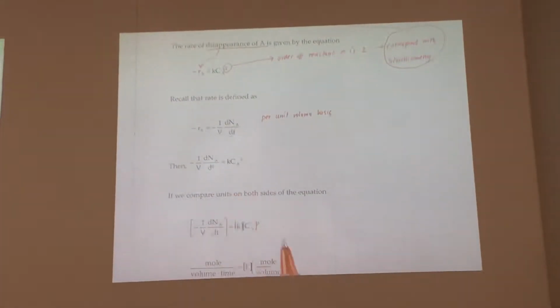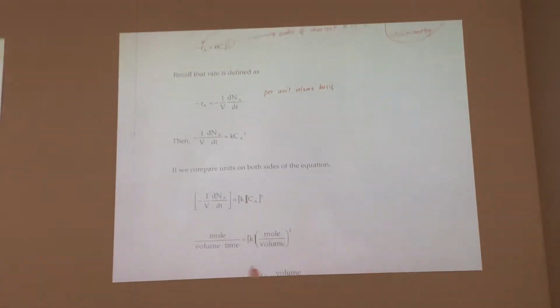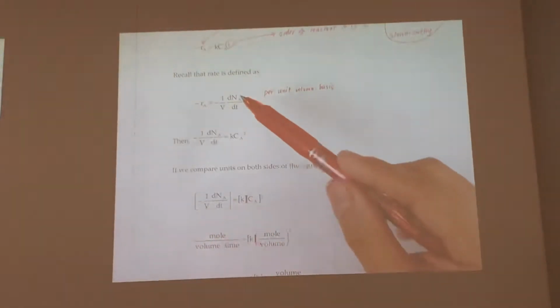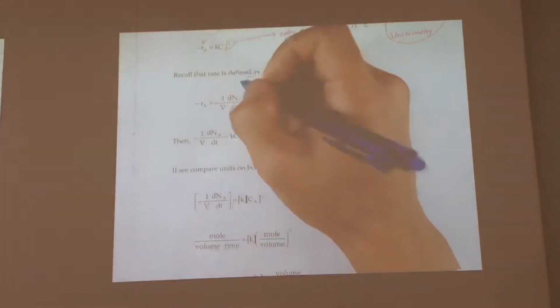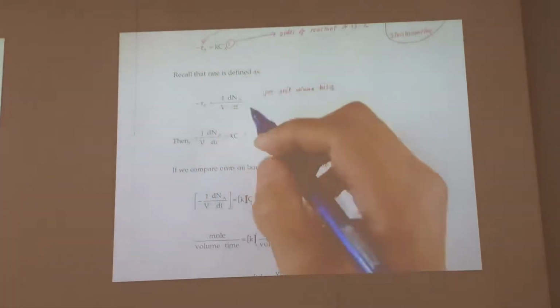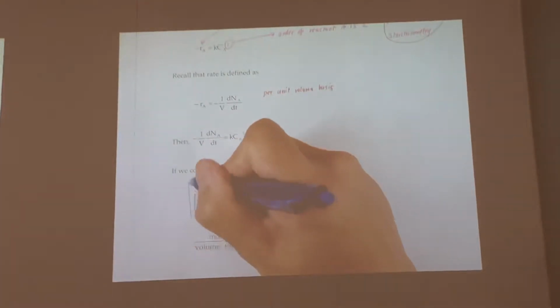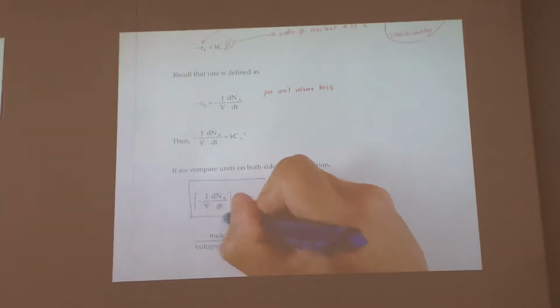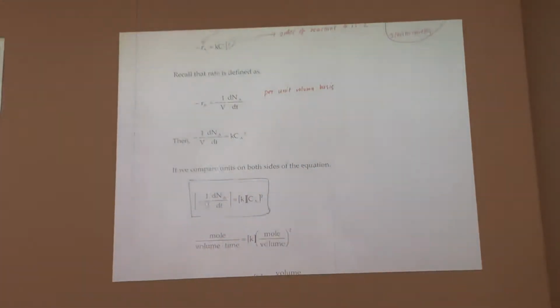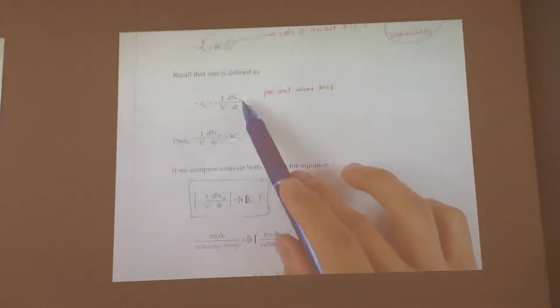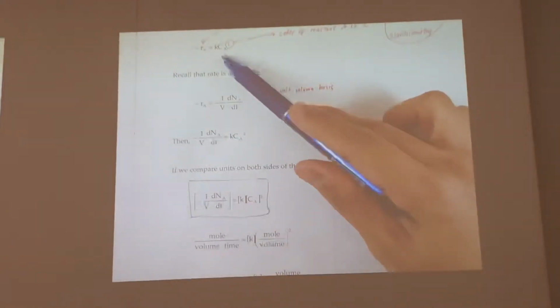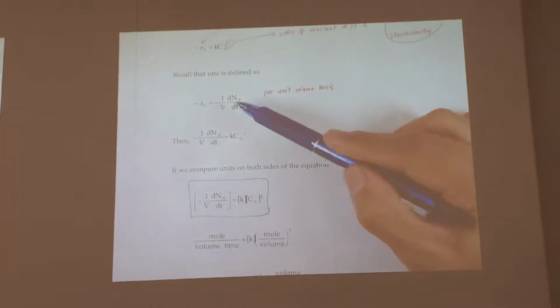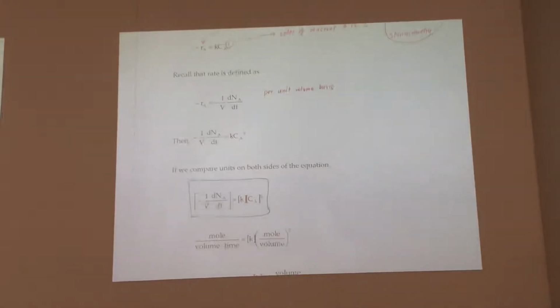Look at this carefully. This portion is equal to this portion. Why do we link this up? Because these two pieces of information can give you the unit of k. Now we have to find out what is the unit of k.